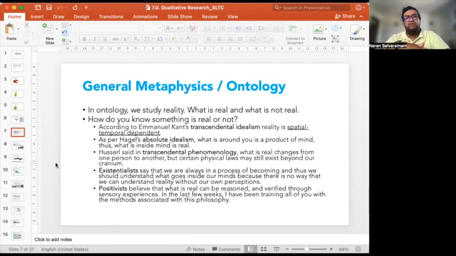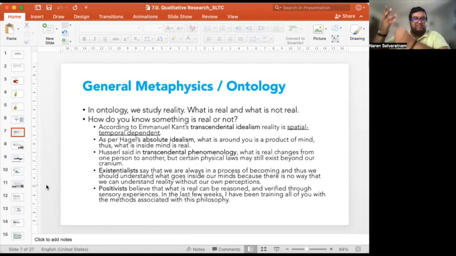Now, very similar to Kant and Hegel, Edmund Husserl, in his Transcendental Phenomenology, said that experience changes from one person to another, but certain physical laws, for example the speed at which a ball falls down, are described by a specific law.